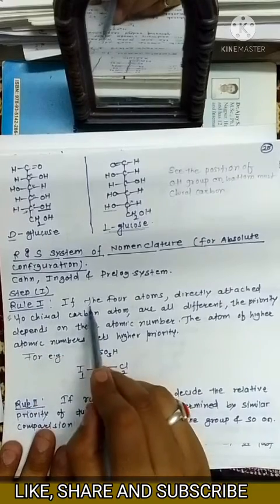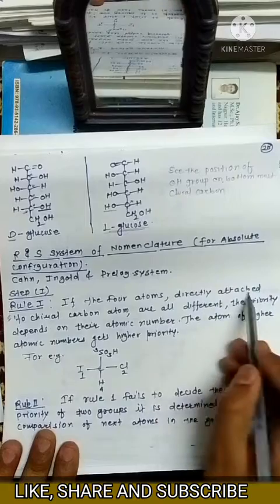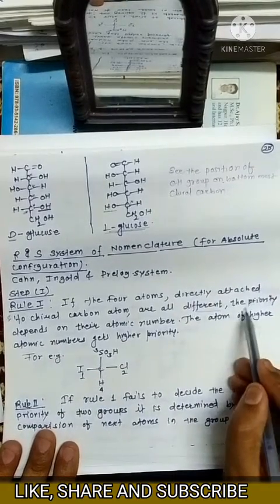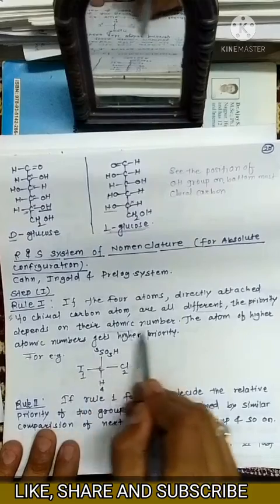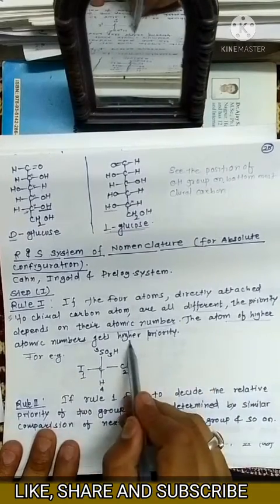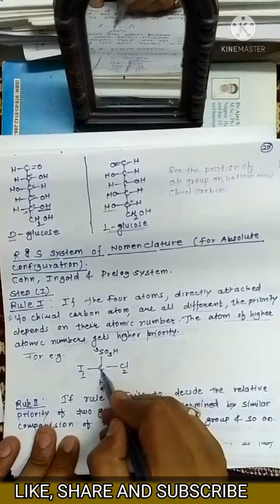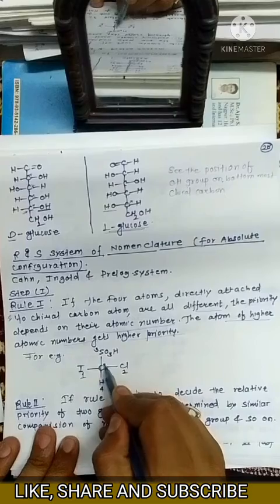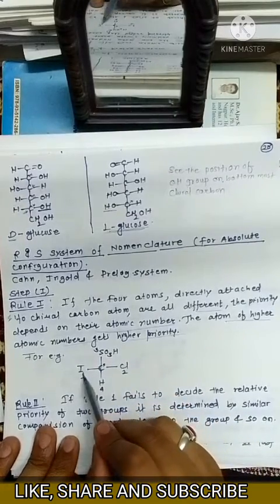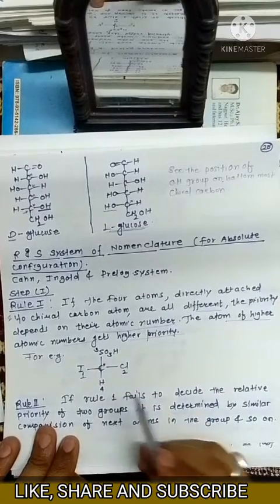The first rule is, if the four atoms directly attached to the chiral carbon atom are different, then the priority depends on their atomic number. The atom of higher atomic number gets higher priority. Just see in this case, this carbon is a chiral carbon and it is attached to iodine, chlorine, hydrogen and a sulfonic group.